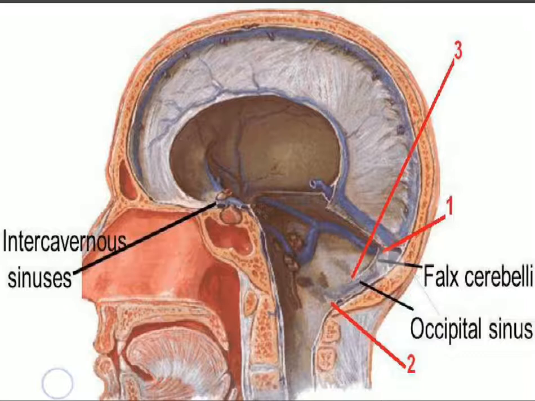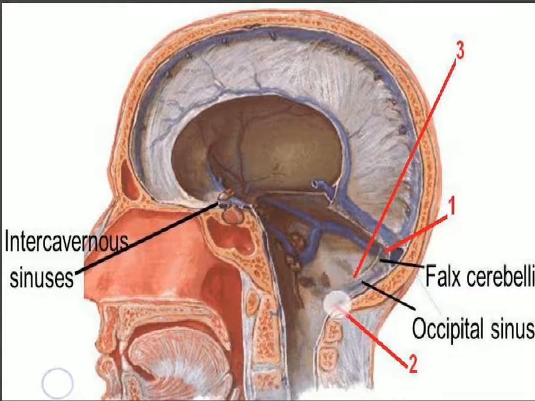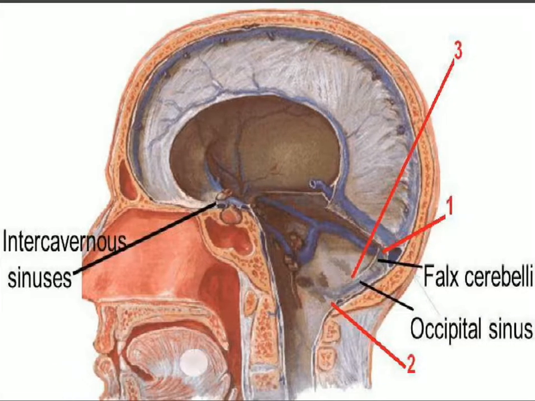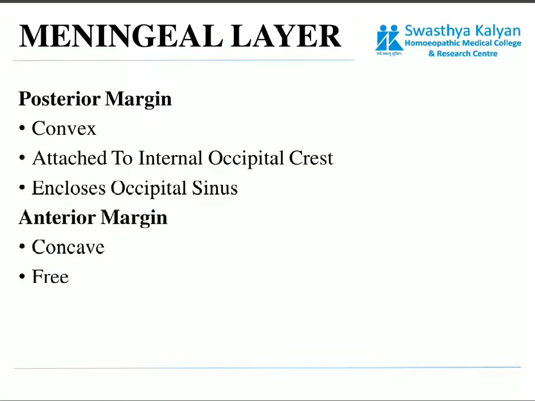So this is the base, and this would be the apex, which will be lost after dividing into two parts along the foramen magnum. There are two margins, posterior and anterior. The posterior margin is convex.